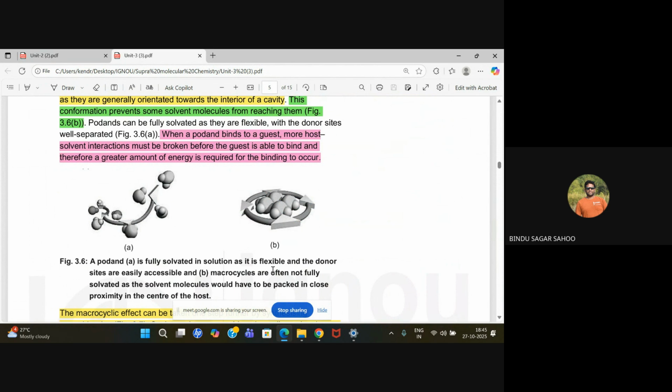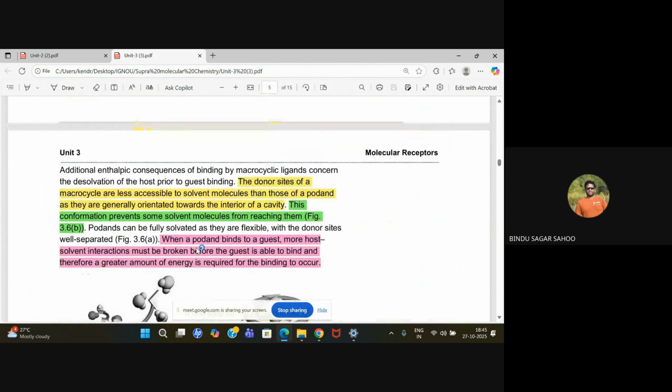And the macrocycles are often not fully solvated, as the solvent molecules would have to be packed in close proximity in the center of the host. That means the solvent molecules can only interact in the center of the host. They cannot fully solvate the whole structure of the macrocycle. So the solvation amount is definitely important. The solvation amount is less in macrocycles.